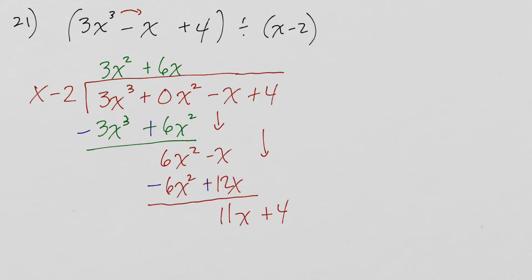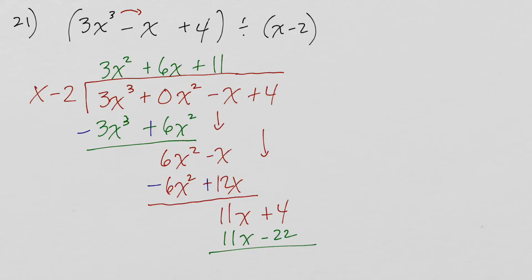Now, looking at just the first term, I put a plus 11 here. And I'm going to multiply, and I get 11x minus 22.